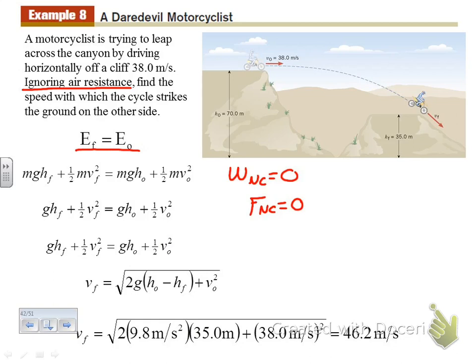If we set it up as an equation, the final mechanical energy is the final potential energy plus the final kinetic energy, and the initial mechanical energy is the initial potential energy plus the initial kinetic energy, because remember, mechanical energy is K plus potential energy.